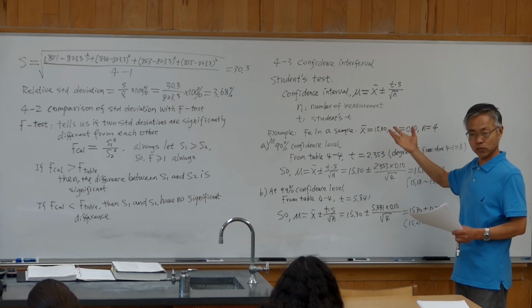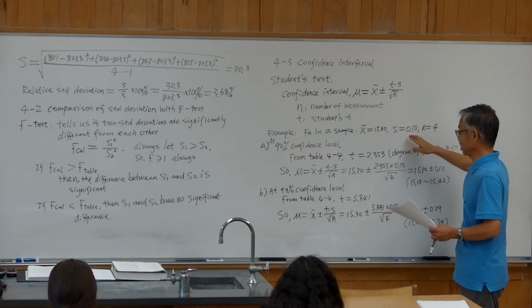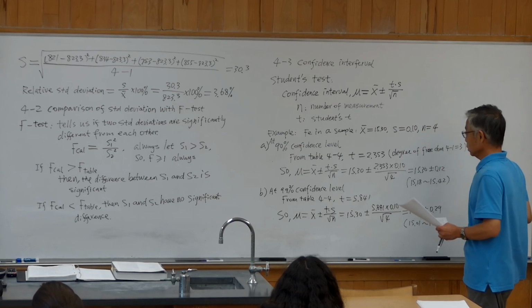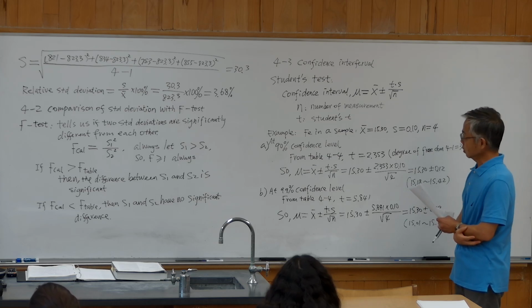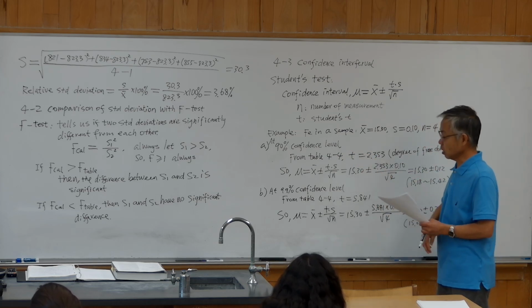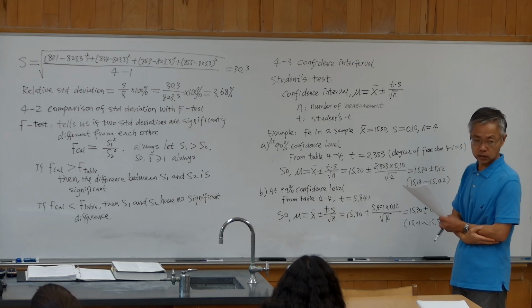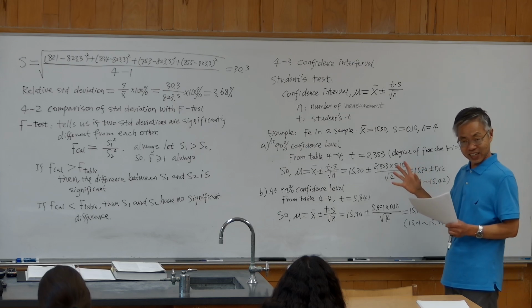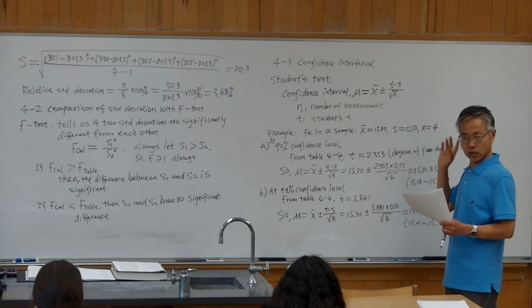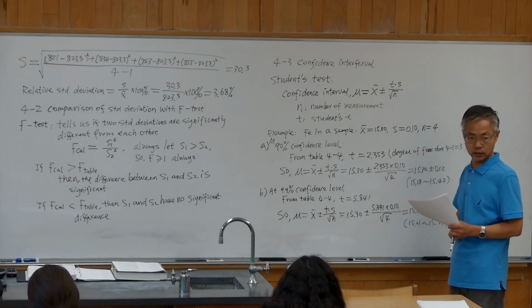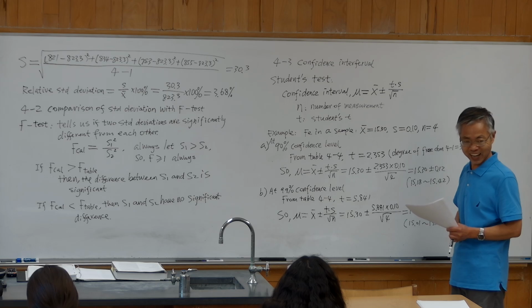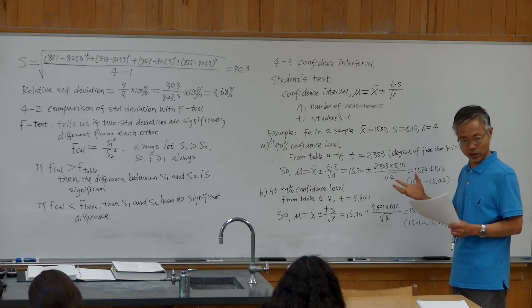So each time we have a mean value and a standard deviation. If we repeat this 100 times, at 90% confidence level, this means 90 out of 100 times your true value will be lying in the range.